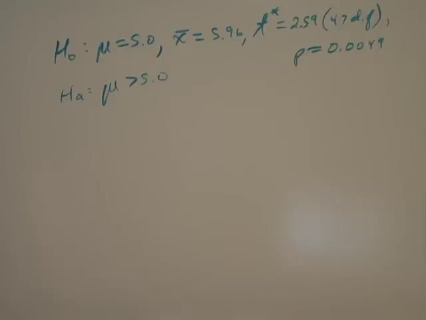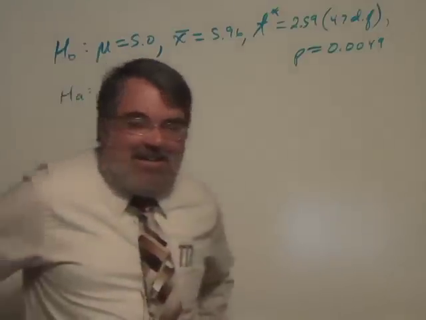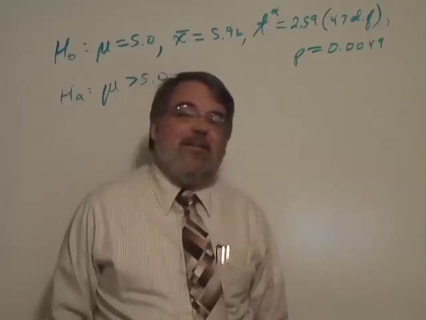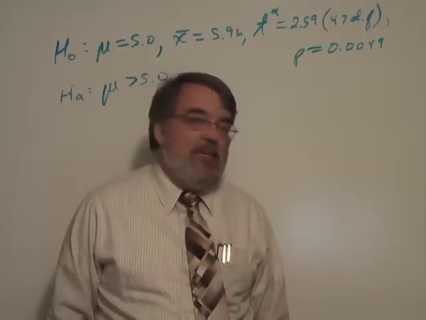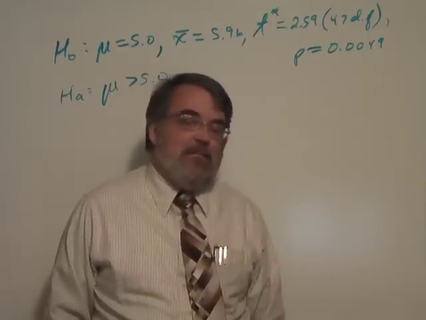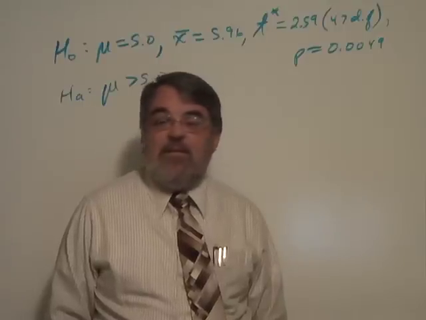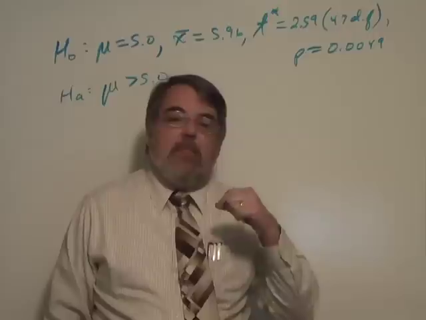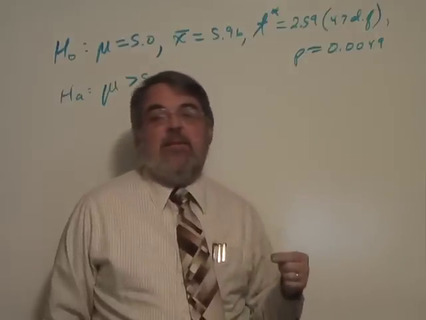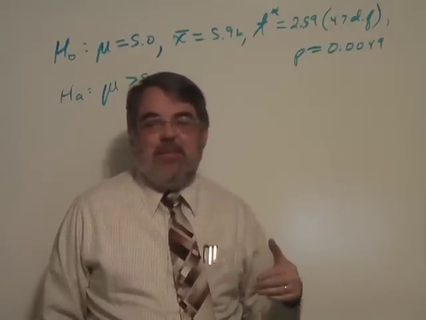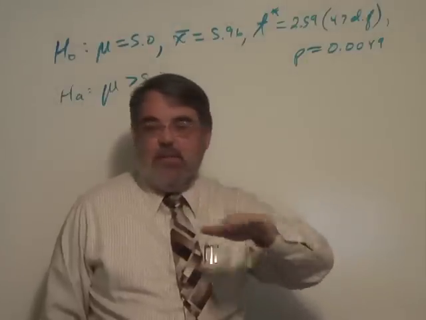Well, what are they trying to do here? Suppose you're a manufacturer and you manufacture artificial heart valves, and the industry standard specifies that the average flow rate in these heart valves has to be at least 5.0. That's a standard that is going to be set.